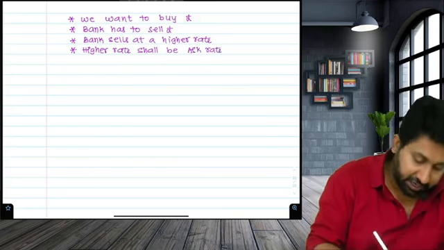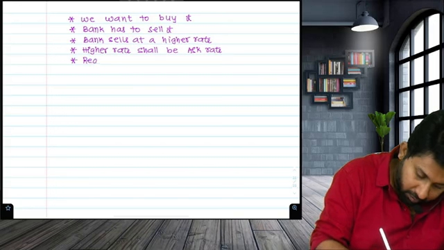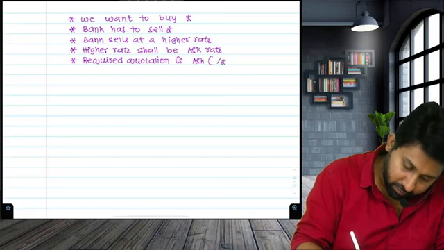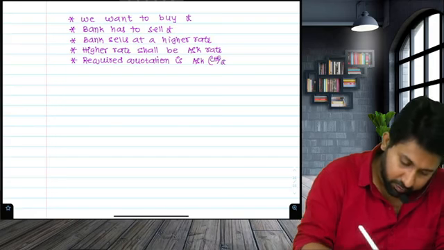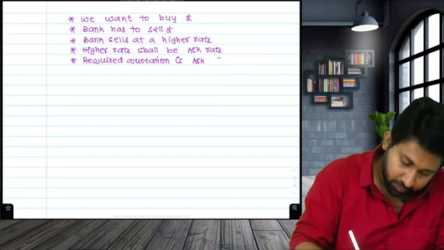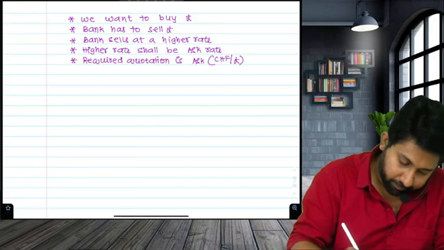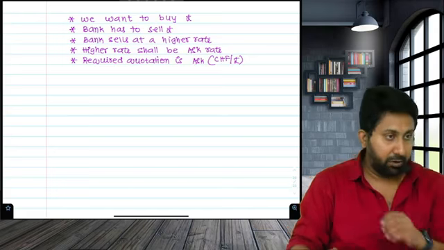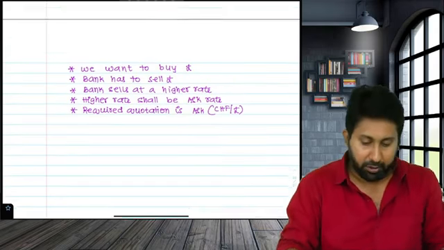Higher rate shall be ask rate. Therefore, the required quotation is ask of CHF by pound.